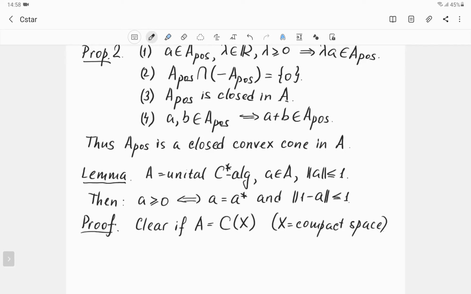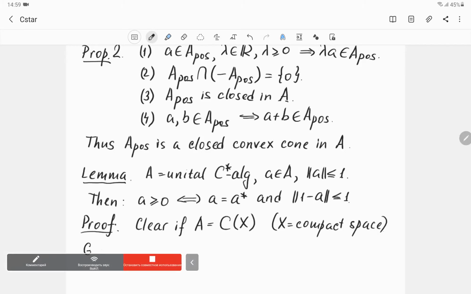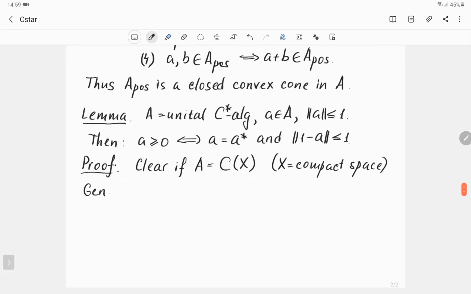So this is a special case, but in fact, this special case covers all possibilities, because in the general case, we consider the C-star subalgebra of A generated by our element little a and the identity of A. So this is a commutative unital C-star algebra, and we can apply the first Gelfand-Naimark theorem to this subalgebra.